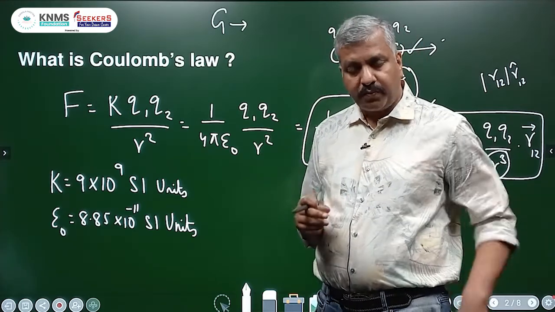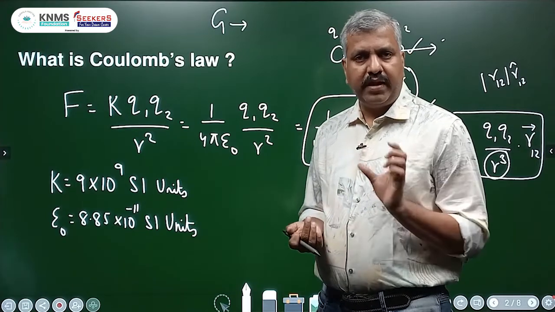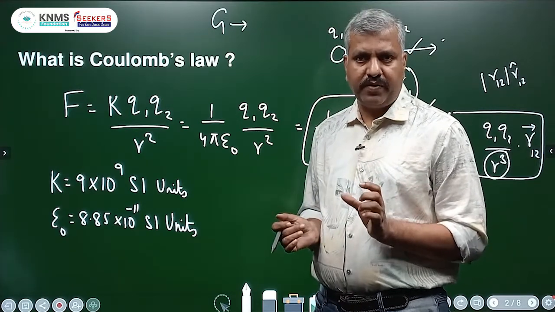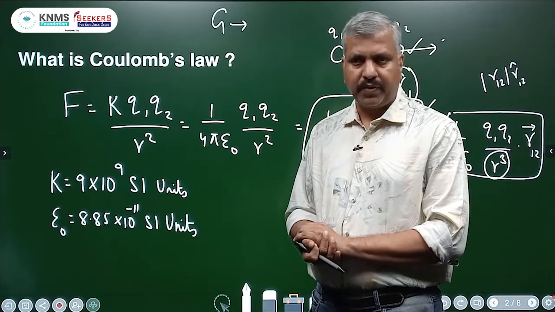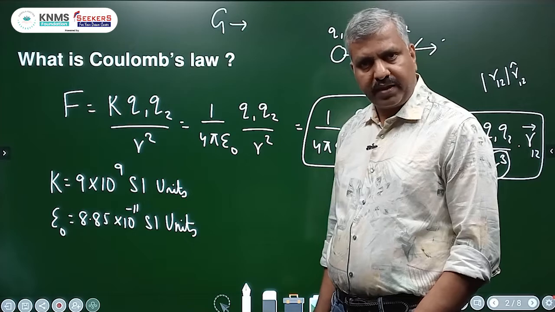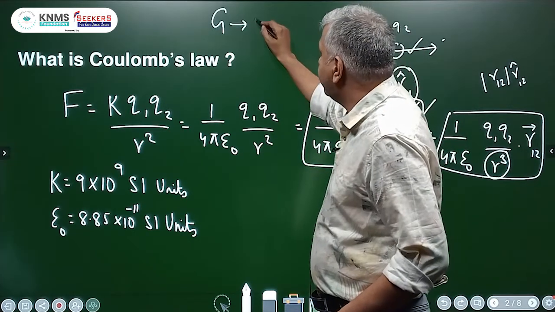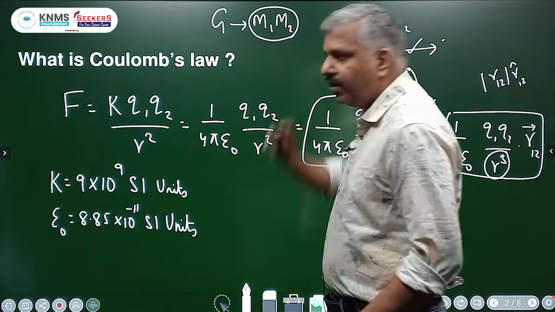That means suppose I keep two charges in air, and if I keep two charges in water, the electrostatic force between them will be different, but the gravitational force between them will be the same. Okay. So, G is independent of the medium, that is number one. The second difference is M1 and M2 are always going to be like masses.